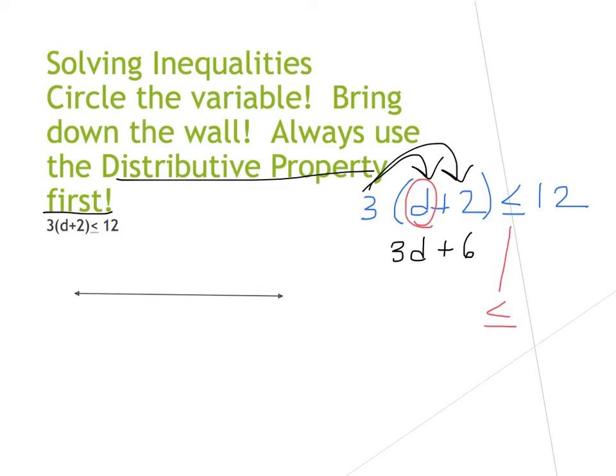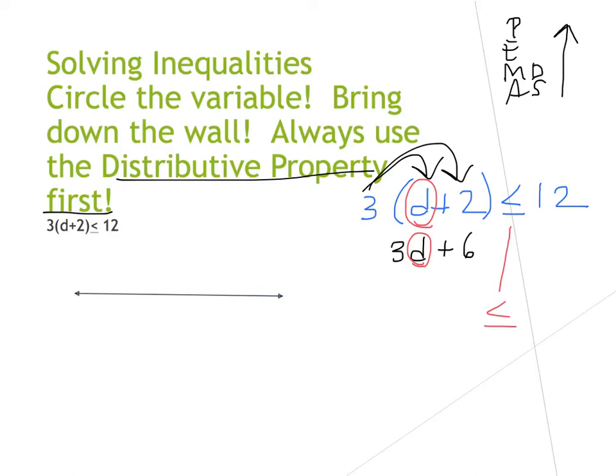And then I'm going to circle my variable again. That means 3 times d plus 6. So I'm going to use PEMDAS upside down. All right, adding and subtracting first.